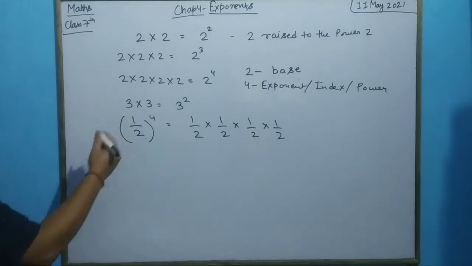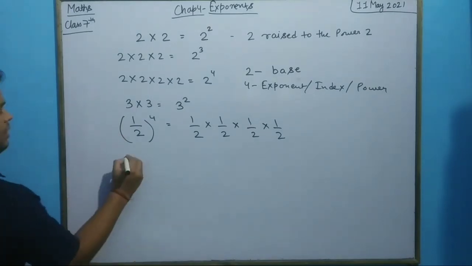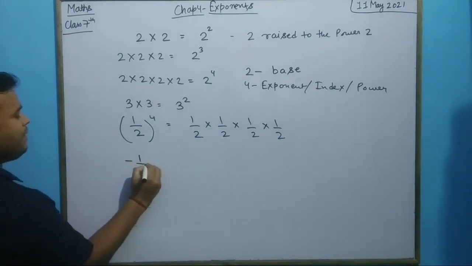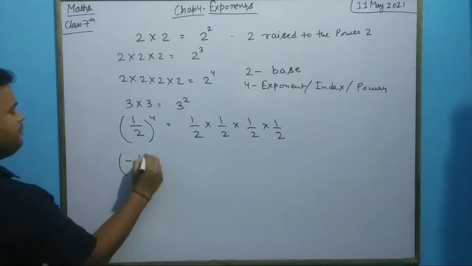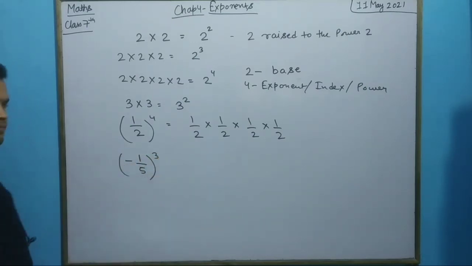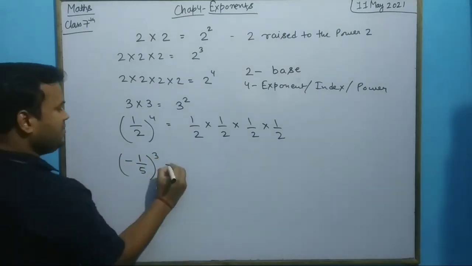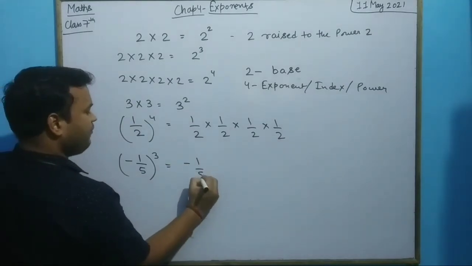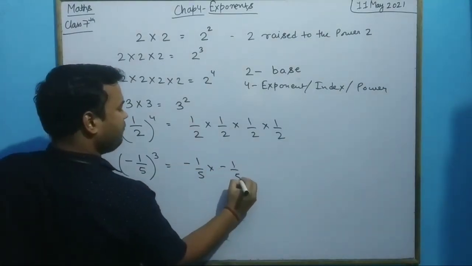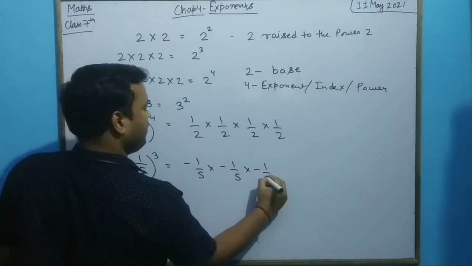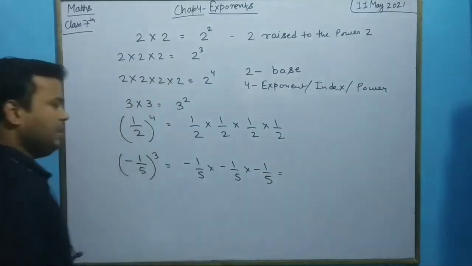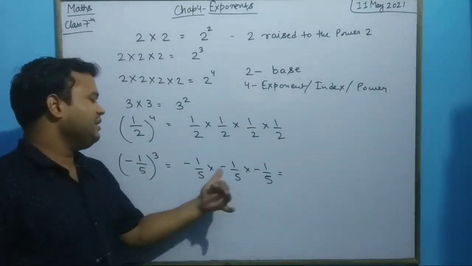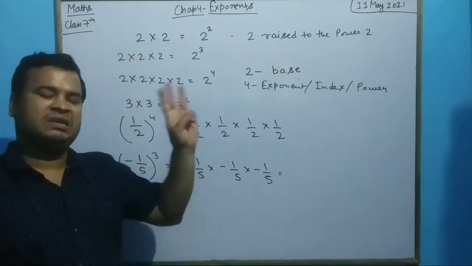Now let us see one thing like minus 1 by 5 the power 3. What it means? Minus 1 upon 5 into minus 1 upon 5 into minus 1 upon 5. Minus is being multiplied 3 times.